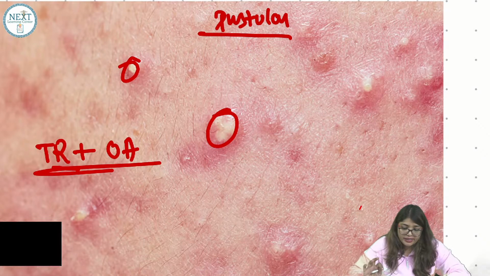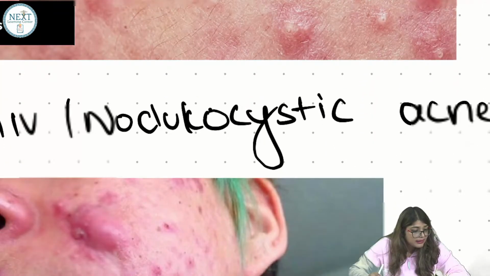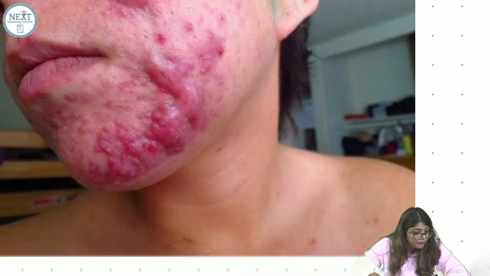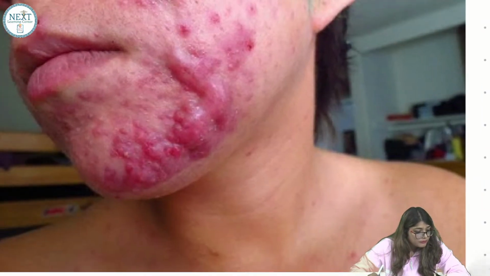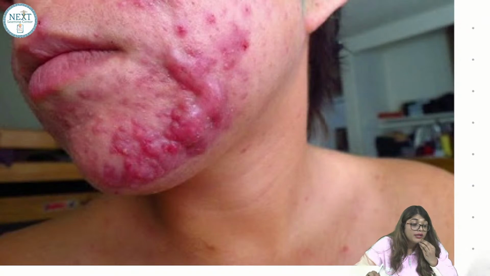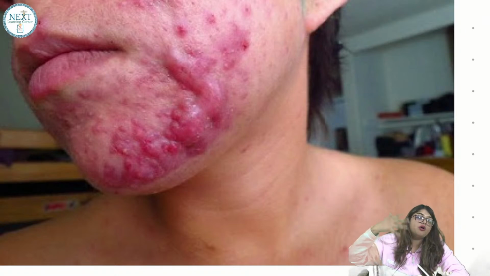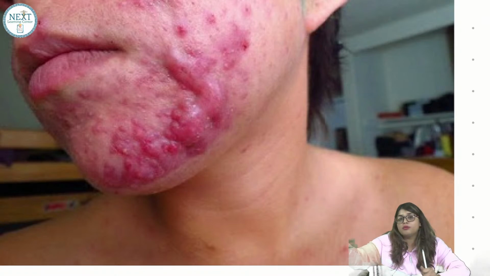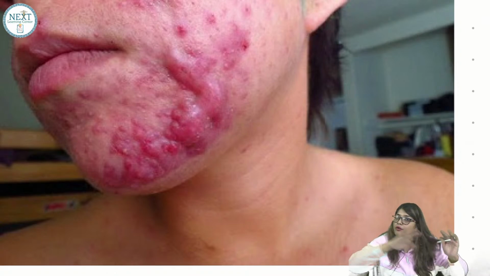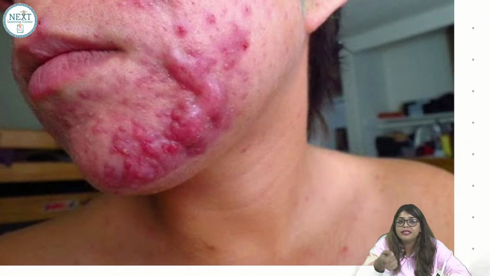Now, the final thing, what will you do here? Benzoyl peroxide is topical. So topical antibiotics plus topical retinoids you do for grade 2 acne. Now in grade 3 we actually supplement with oral antibiotics.